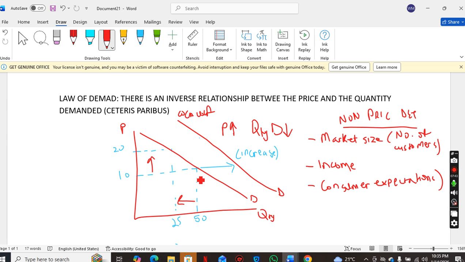So you'll find demand for petrol is going to increase because prices are going to rise. Price is going to rise, so people want to buy as much of it as they can so that they spend less.